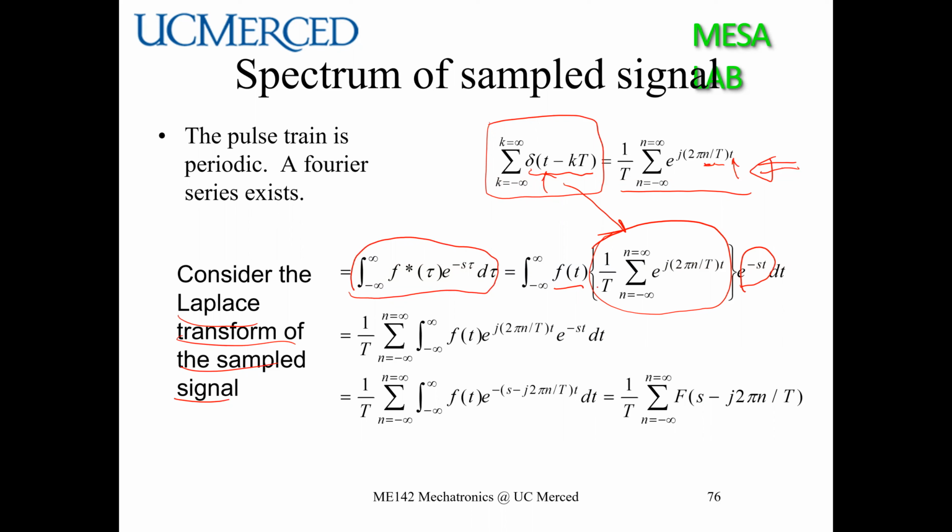We have this sigma put in front, and swap the sequence. So again I have f of t, and again I have e to the minus s t. But what is this term?